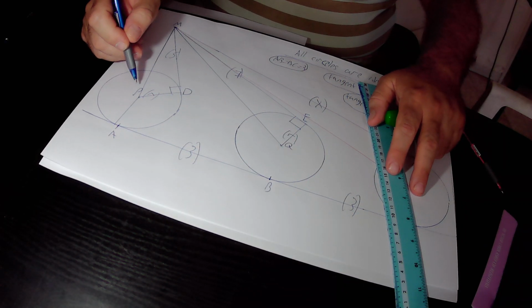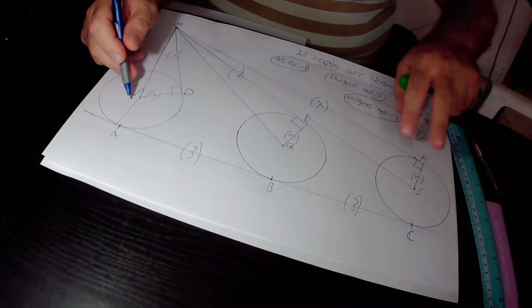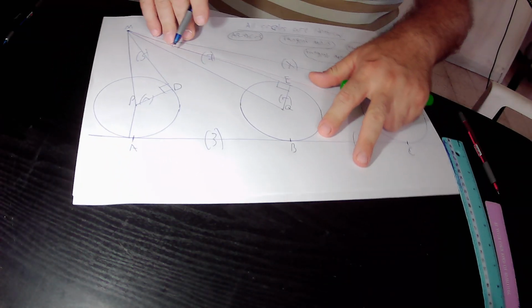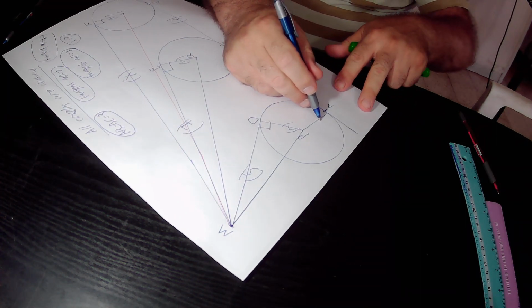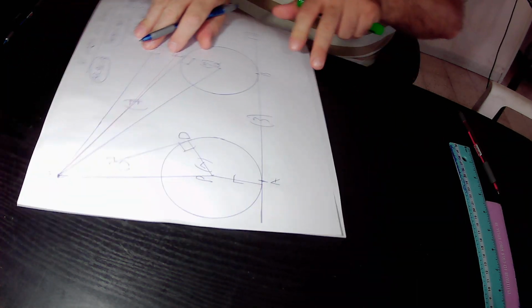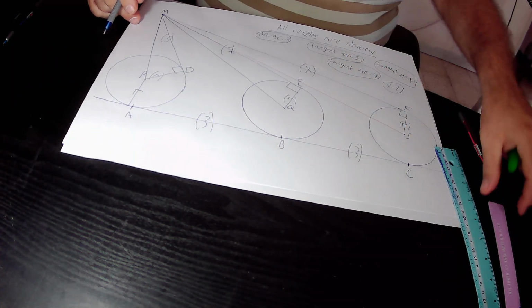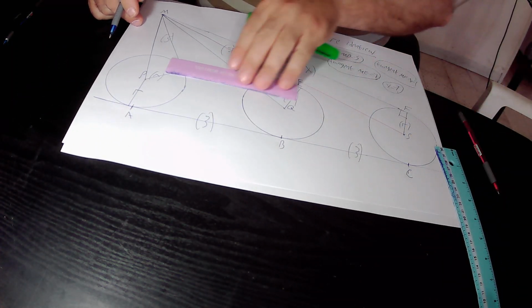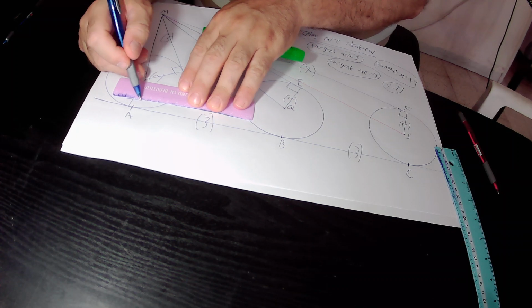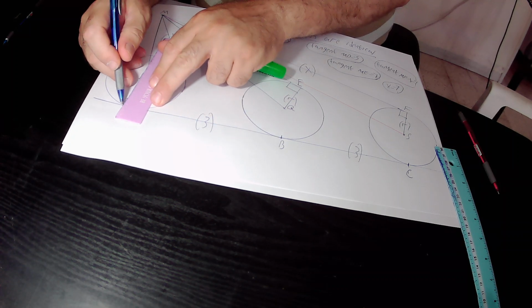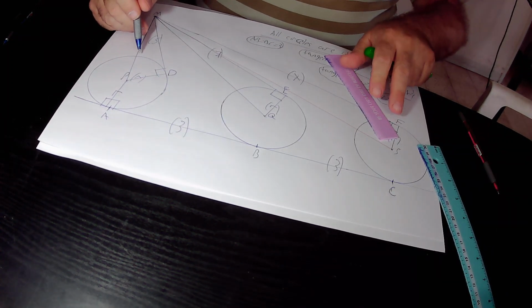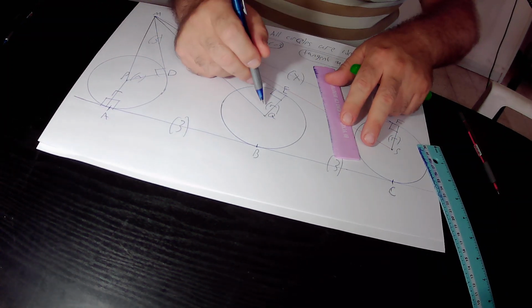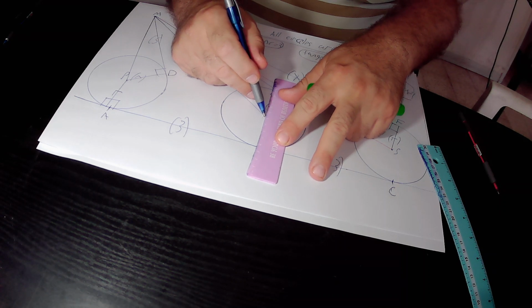PA is the radius of this circle that is equal to R. And again, according to rule 1, this angle equals 90 degrees, and this angle also equals 90 degrees. The next time we join points Q and B together by a straight line.